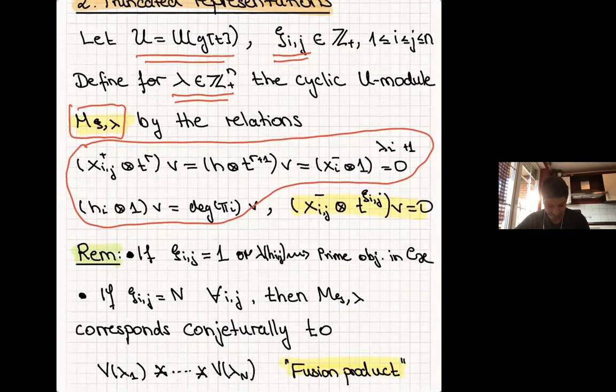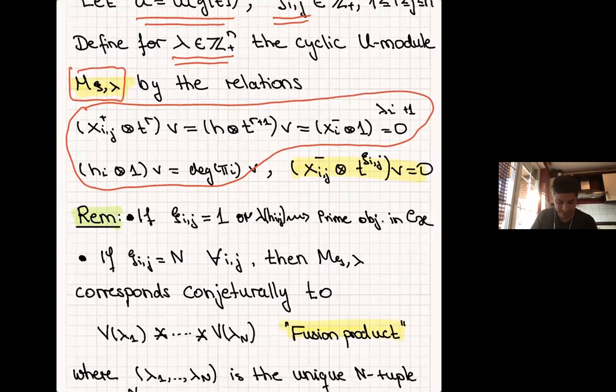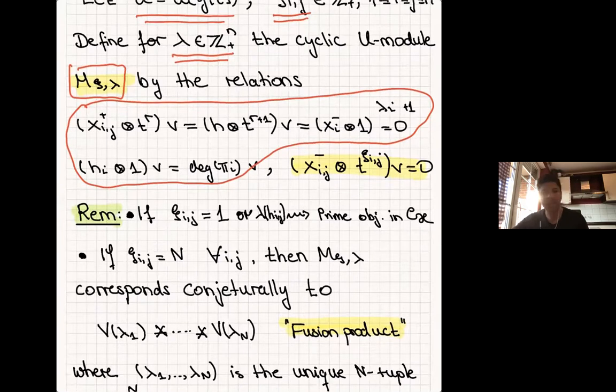Namely, if you choose psi_ij to be constantly equal to n, say it's always the same t power, then this M_psi^lambda conjecturally corresponds to a fusion product. If you don't know what a fusion product is, just think of a graded version of a tensor product, where this lambda_1 up to lambda_n has some meaning.